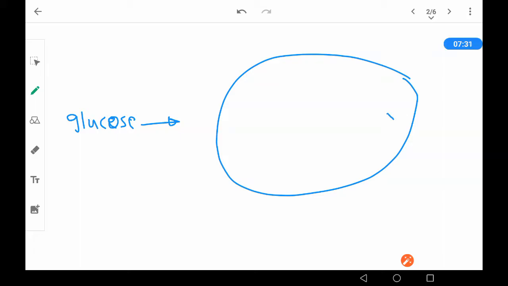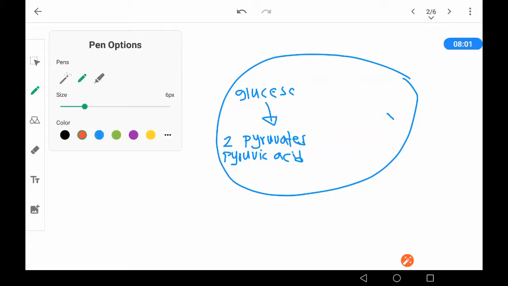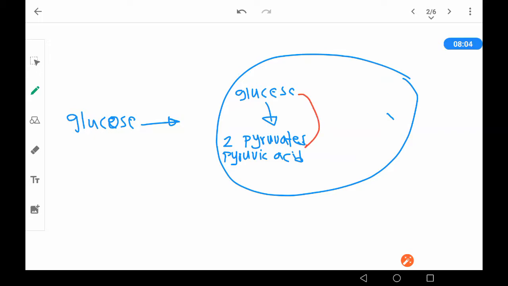Inside the cell, the glucose will be converted into 2 pyruvate, or we call it pyruvic acid. The process of converting glucose to pyruvate, or pyruvic acid, we call glycolysis.